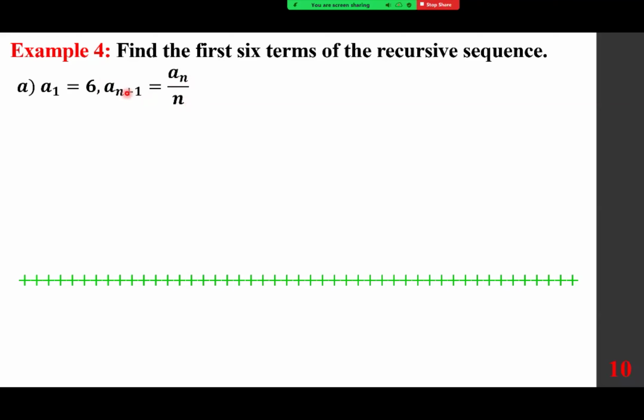If I want a sub 2, I want a sub 1 divided by 1. I hope you recognize how we do that. Just for the sake of argument, make this one 2, n plus 1 is 2, so n becomes 1. So this becomes a sub 1 over 1, okay?